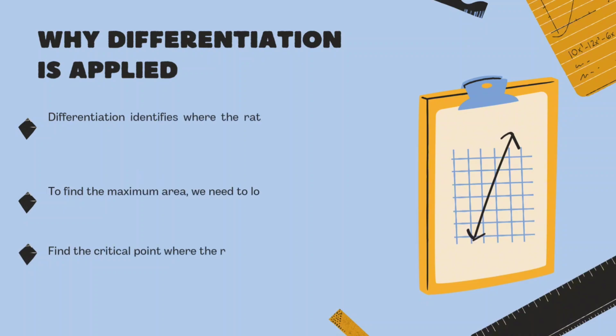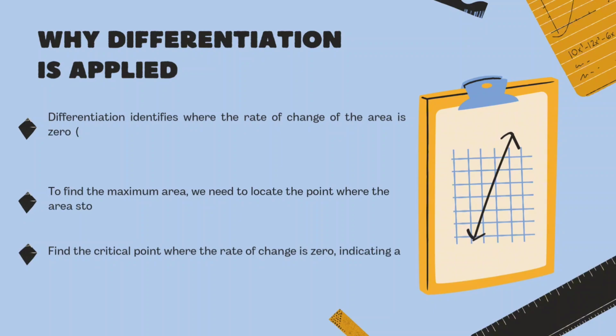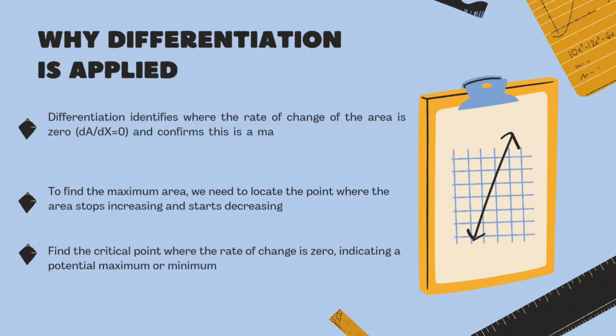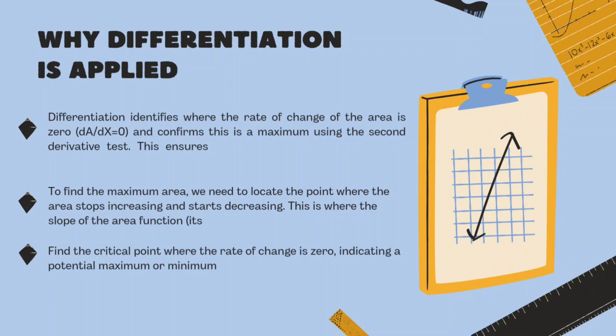Before we get to our problem statement, I'm going to explain why differentiation is applied in this problem. One of the main points is that differentiation identifies where the rate of change of the area is zero and confirms this is a maximum using the second derivative test. This ensures the rectangle's area is maximized mathematically.